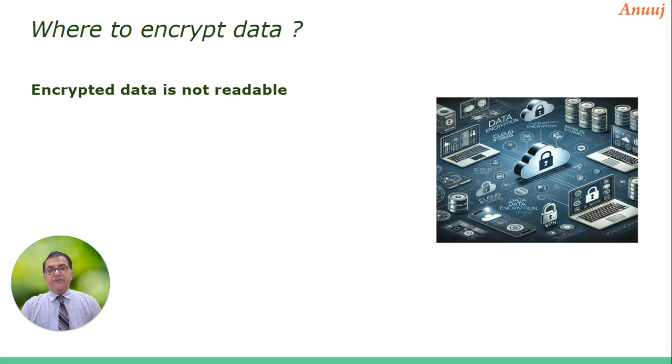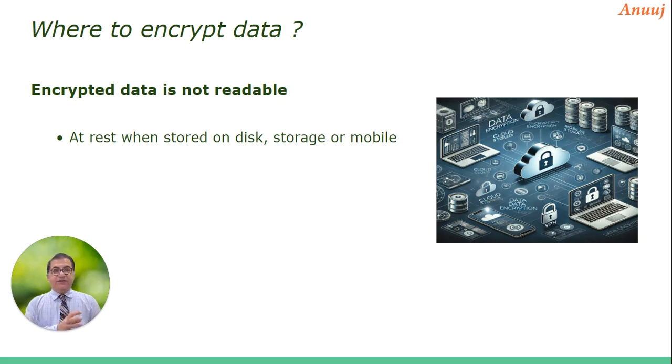Now, what all and where all do you need to encrypt your data? Your data should be encrypted at rest when it is stored on your hard disk. So whichever storage, even the disk on the mobile or on the laptop, wherever your data resides, you should use an encryption algorithm to encrypt your data with safety.